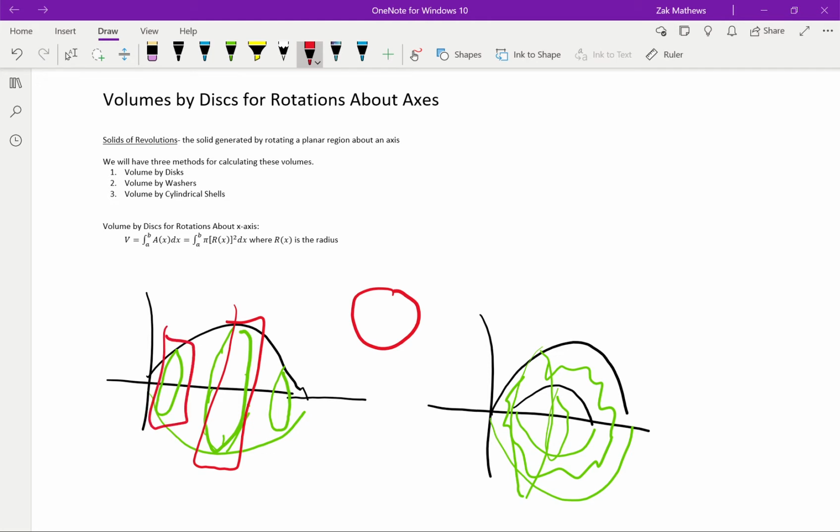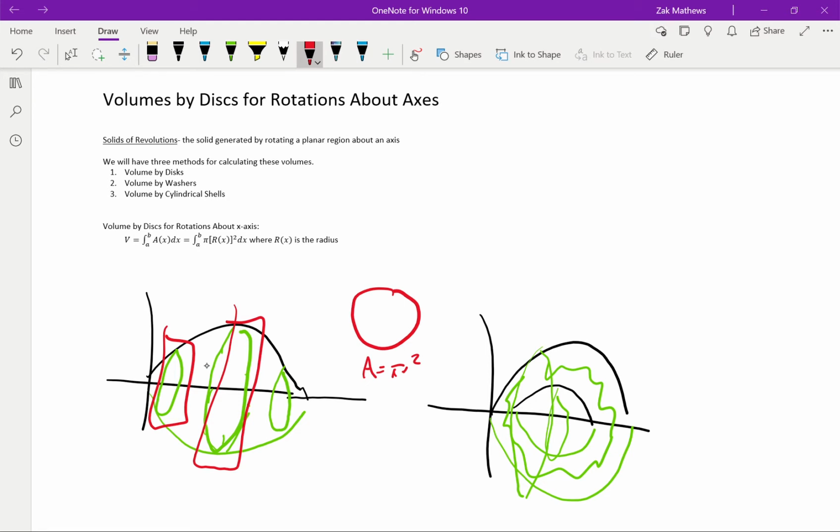And so if we think about how to find the area of a circle, it's pi r squared. And then if we think about how to find a volume, this is what we were doing in the last video when we were taking our two-dimensional pictures, our curves, and placing a shape on top of it. We're just multiplying by the height element.